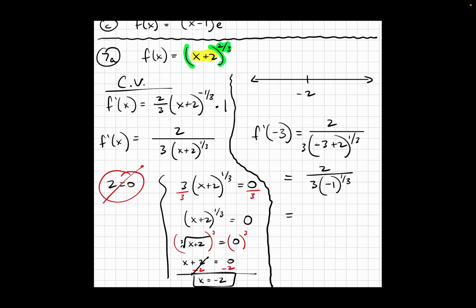It just means the cube root of negative 1. What's the number that multiplied 3 times makes negative 1? Negative 1. So it's going to be 2 over 3 times negative 1, which is negative 2/3. So that means everything to the left is negative.